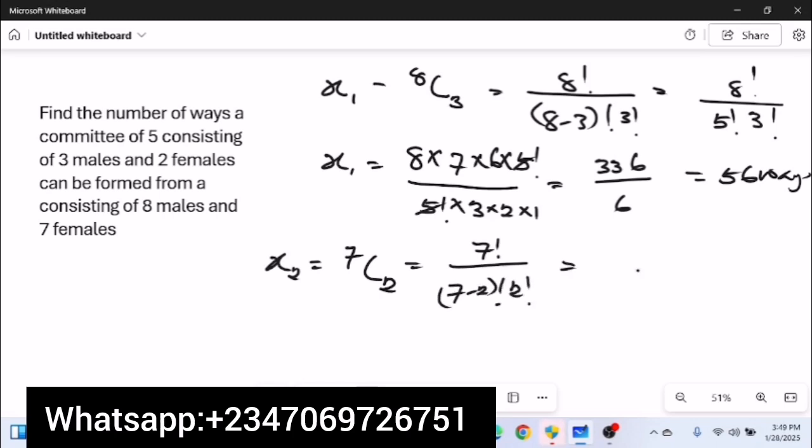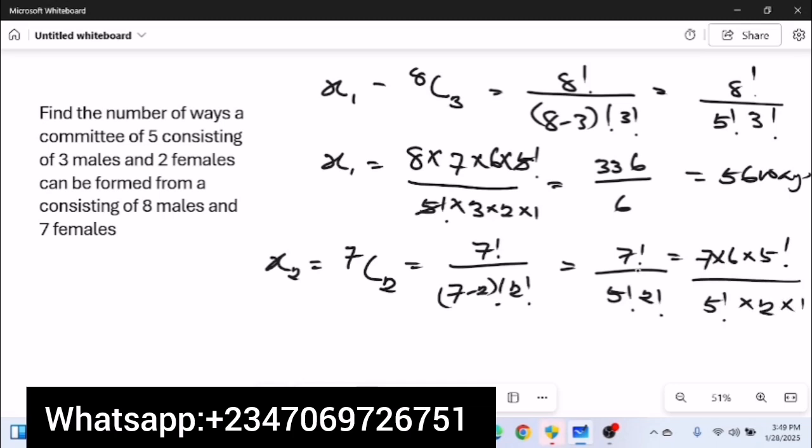So you have 7 factorial all over 7 minus 2, that is 5 factorial, multiplied by 2 factorial. So 7 factorial is actually 7 times 6 times, let's kill it at 5 factorial since we have 5 factorial at the denominator, so they can easily cancel. Multiply by 2 factorial, which is 2 times 1. So 5 factorial here easily cancels the 5 factorial at the numerator.